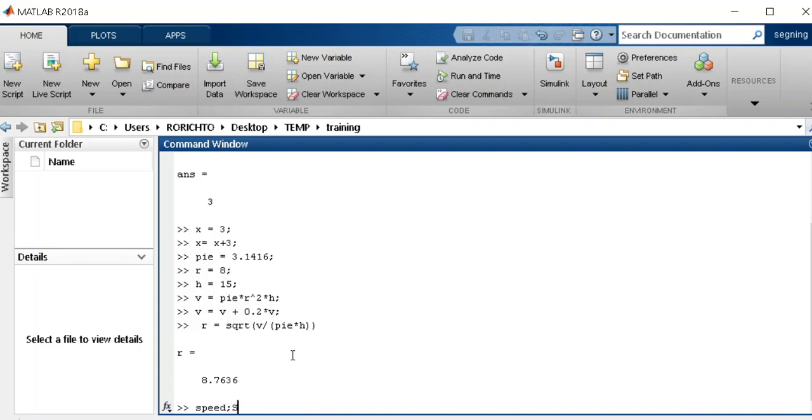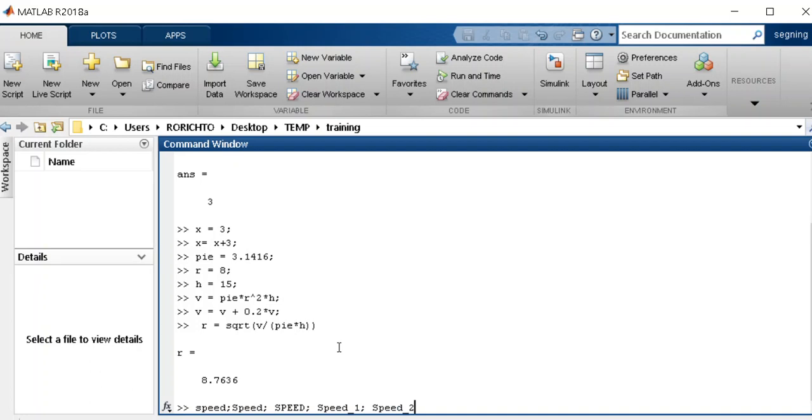Speed with a capital letter. Speed with all capital letters. Speed underscore 1 and speed 2.